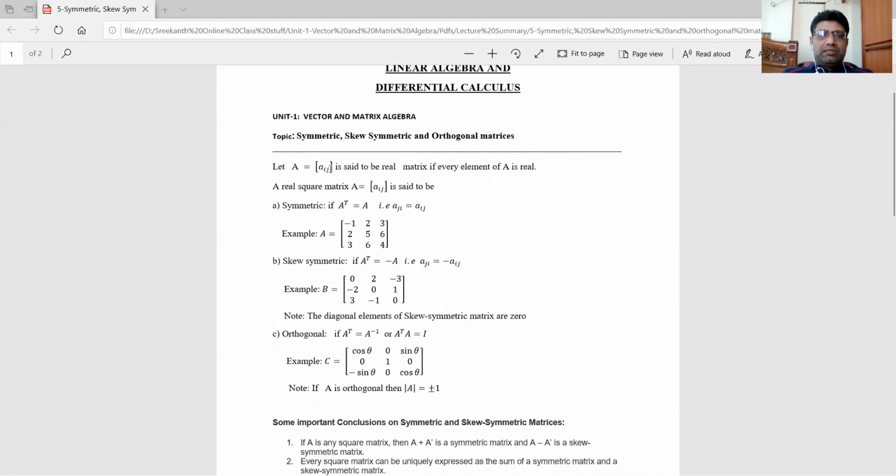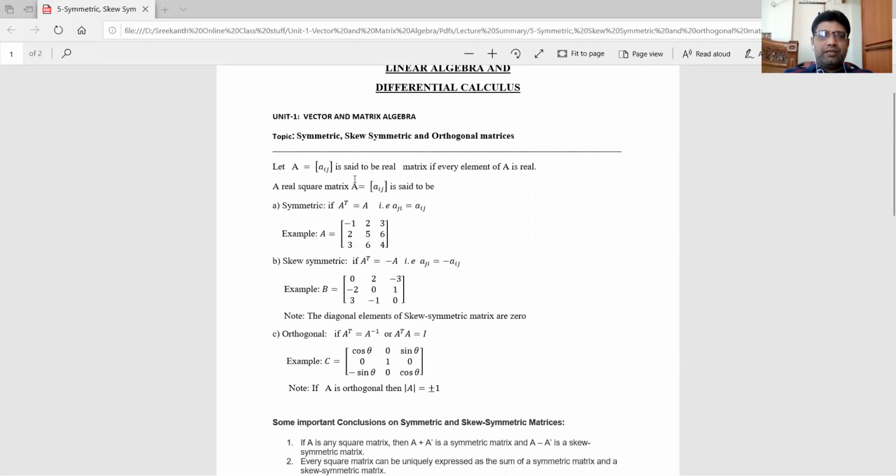So this is the general notation for representing a matrix. In this case, let A equals Aij is said to be a real matrix whenever every element of A is real.